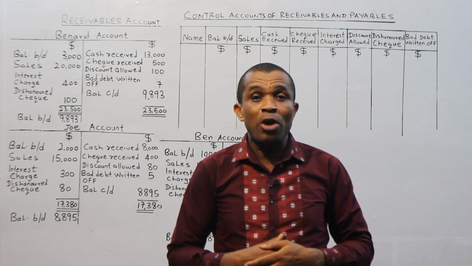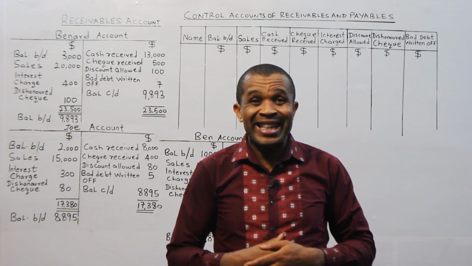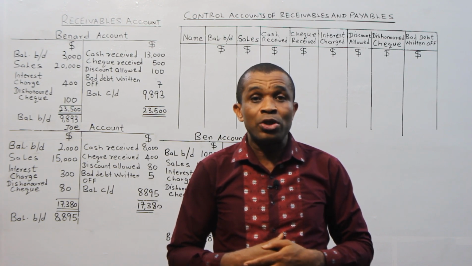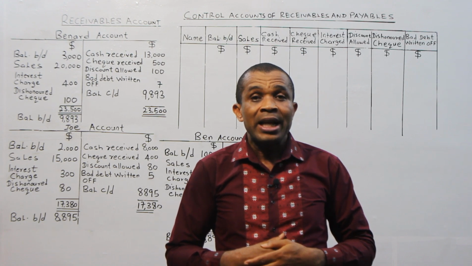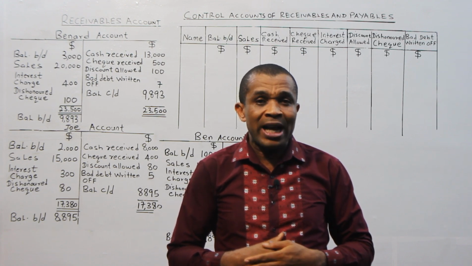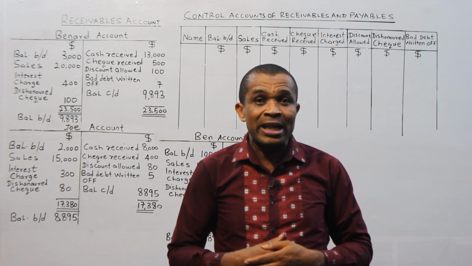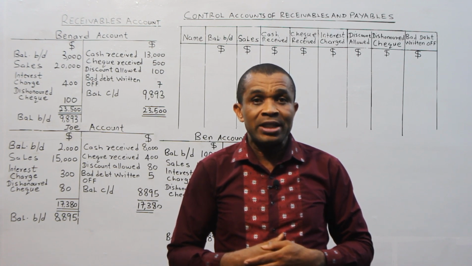It is when these summaries are put into a table that it becomes possible for a total receivable control account to be prepared. We are now going to see how these individual receivables accounts will be transferred to a table, and then a total receivable control account, which is what organizations usually require, will now be drafted.